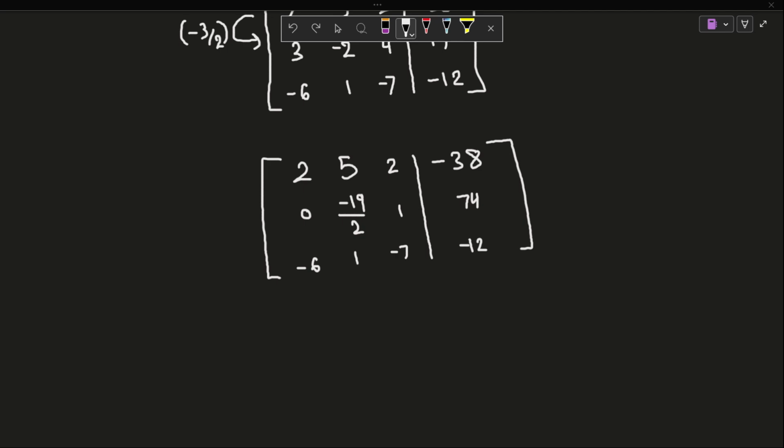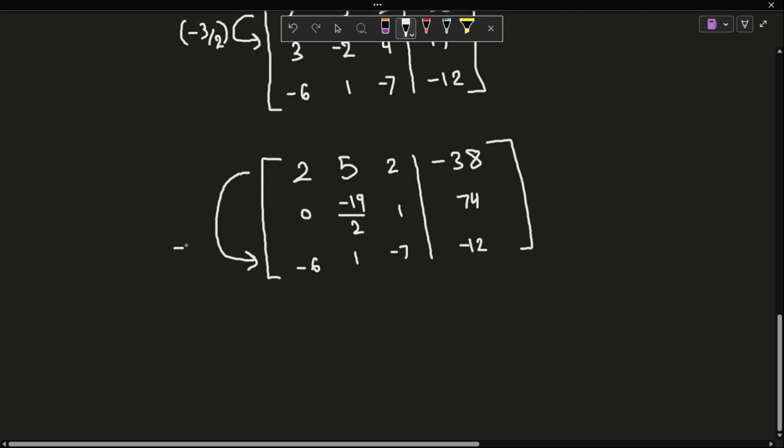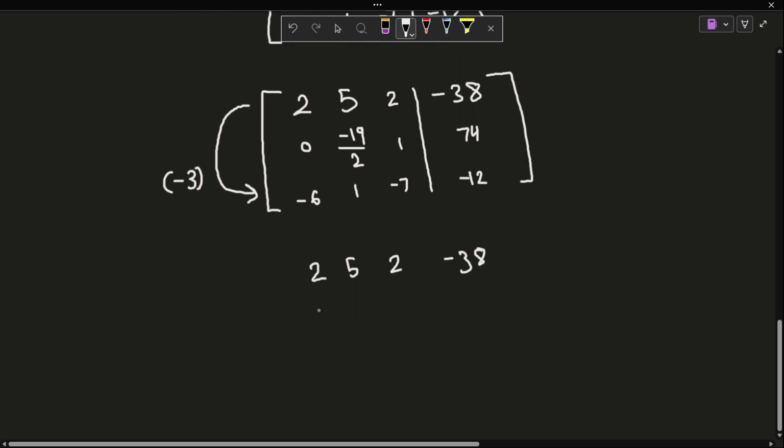So this will be, I guess, minus 3. And then we're just going to subtract that from there. So that'll give us, first row stays the same, minus 38. And then second row will also stay the same.